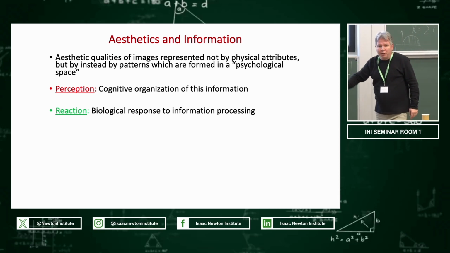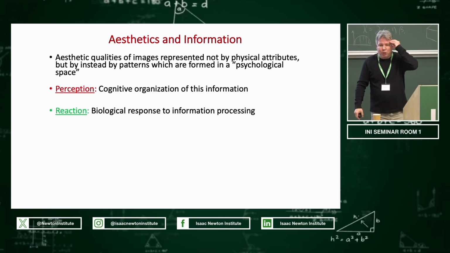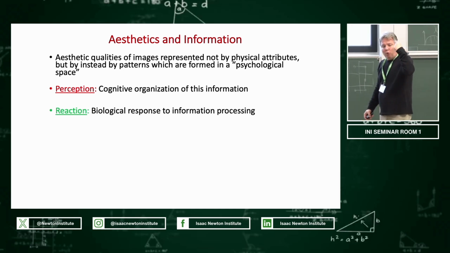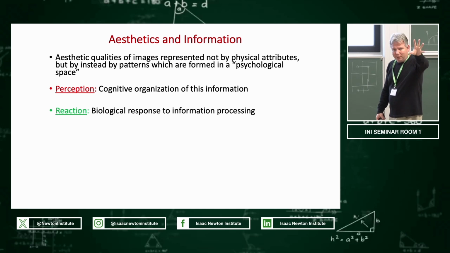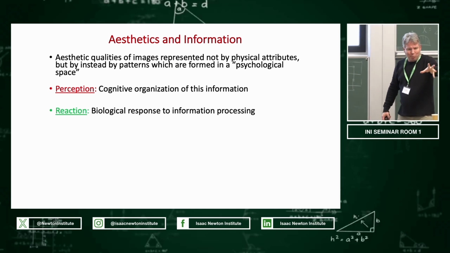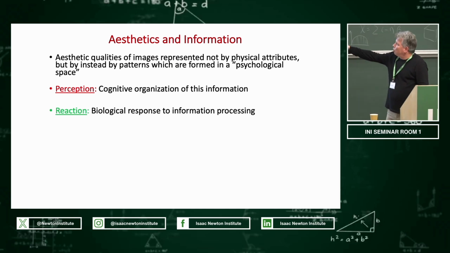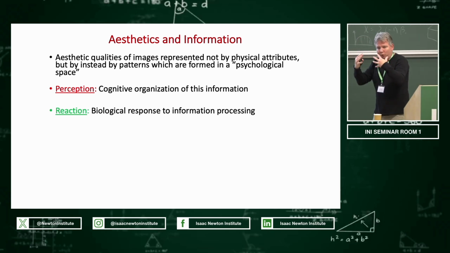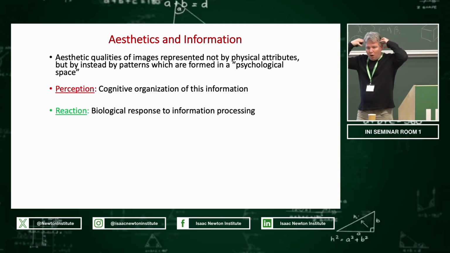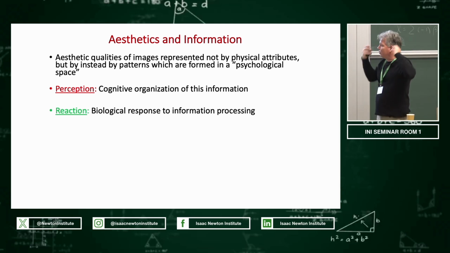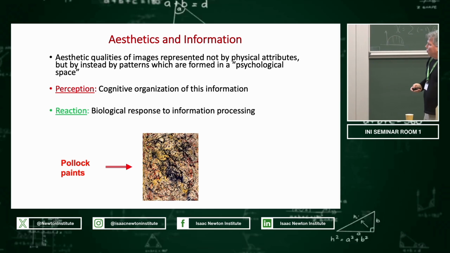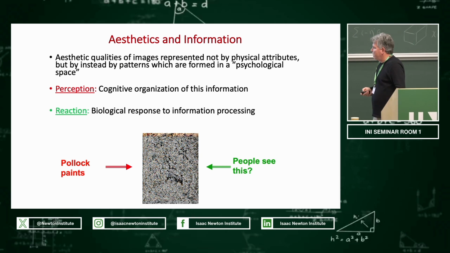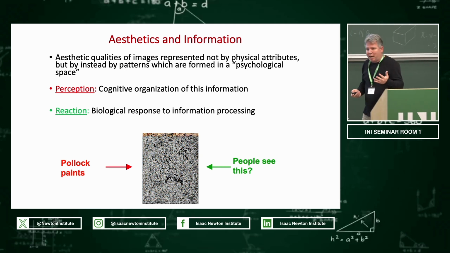We are perceiving what's on there, and then our visual cortex, wherever it is, I guess back here, is processing this according to what it sees in terms of the edges, in terms of the blobs, or whatever. And so there's a biological response. So there's physical paint, perception, cognitive, physiological response. Okay? And so the upshot is Pollock paints this, and we all see this. That's possibly what happens.